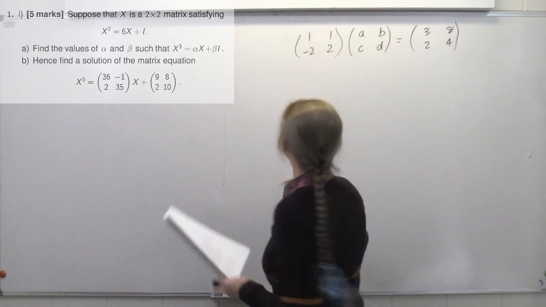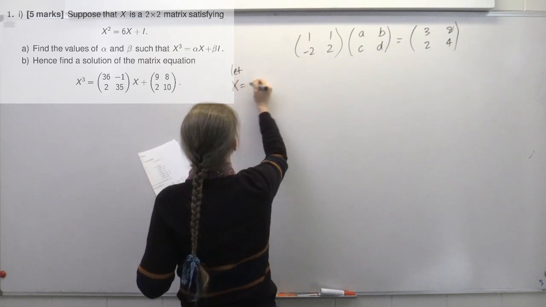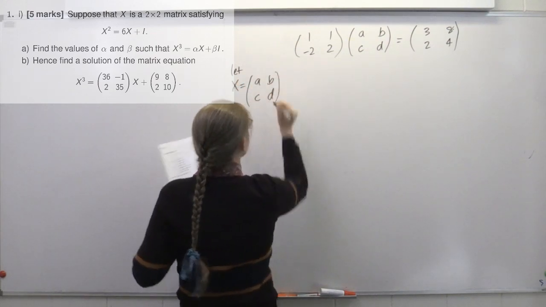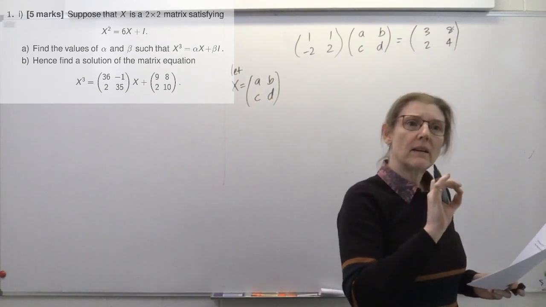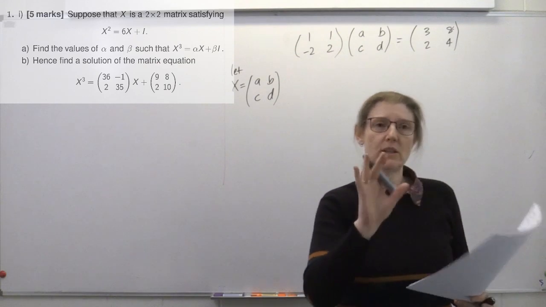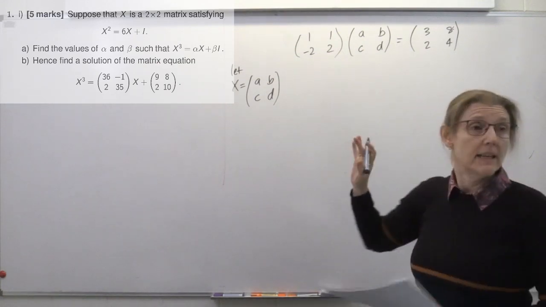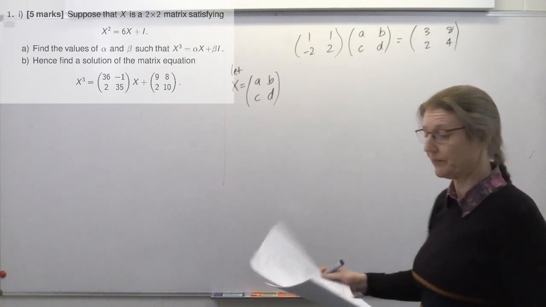Okay, where we have, let x be A, B, C and D. Okay, so let's look at each element in turn. So let's start by equating the values at each position, row and column.